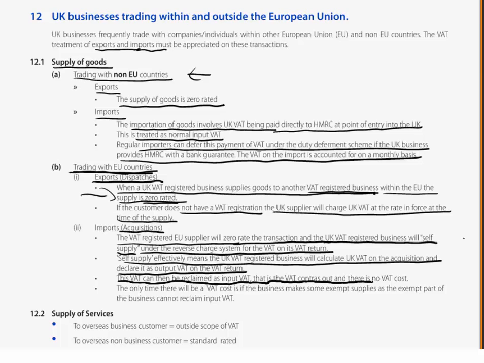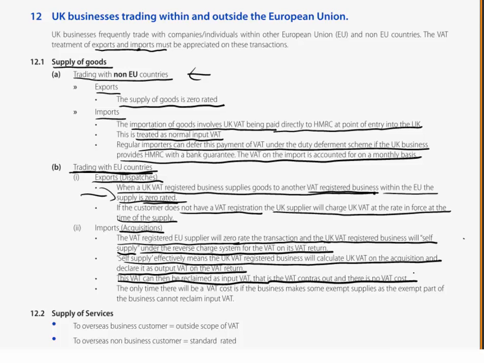So that is the VAT cancels out. There's no VAT cost. So going through the same VAT return, the output tax is recorded in relation to the purchase, and we also record that figure as input tax because it is on a purchase.